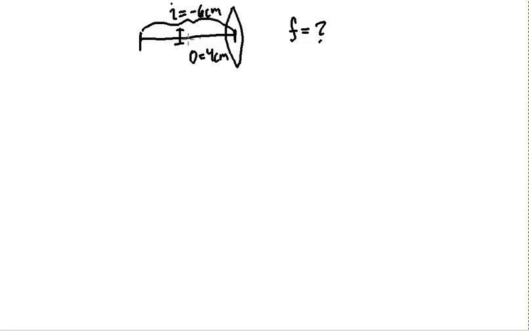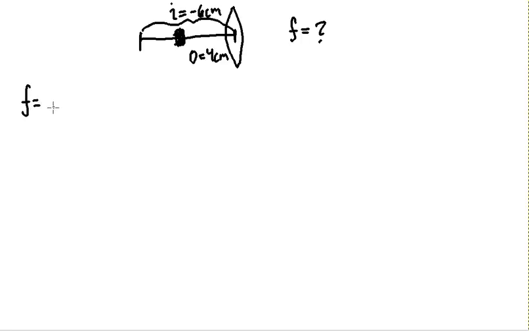It's going to appear as if these light rays are emerging from a point back here if the image or the object is right here. So let me just shade this in. This is our object right here. Okay, so we're looking for the focal length. I've already done the algebra for you on this one. You can refer back to that slide.